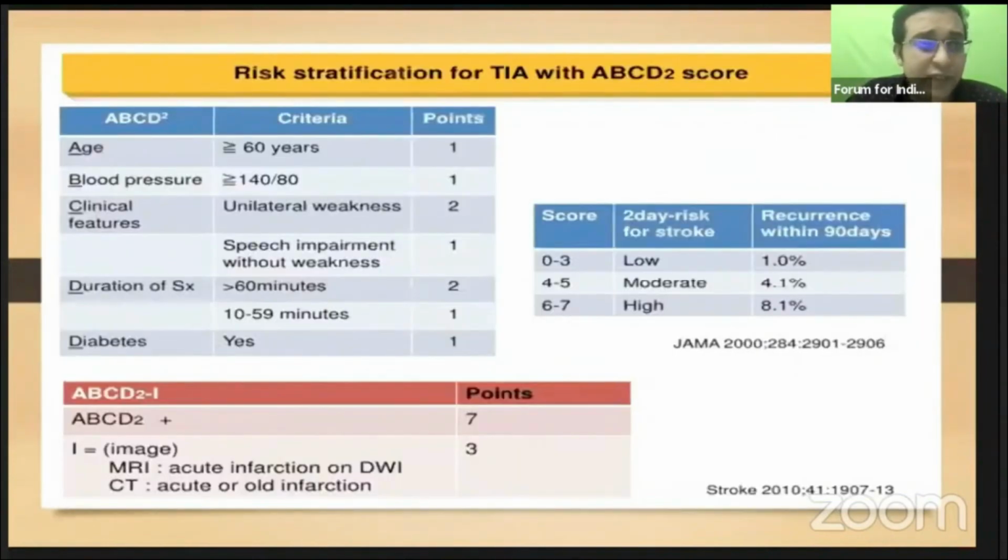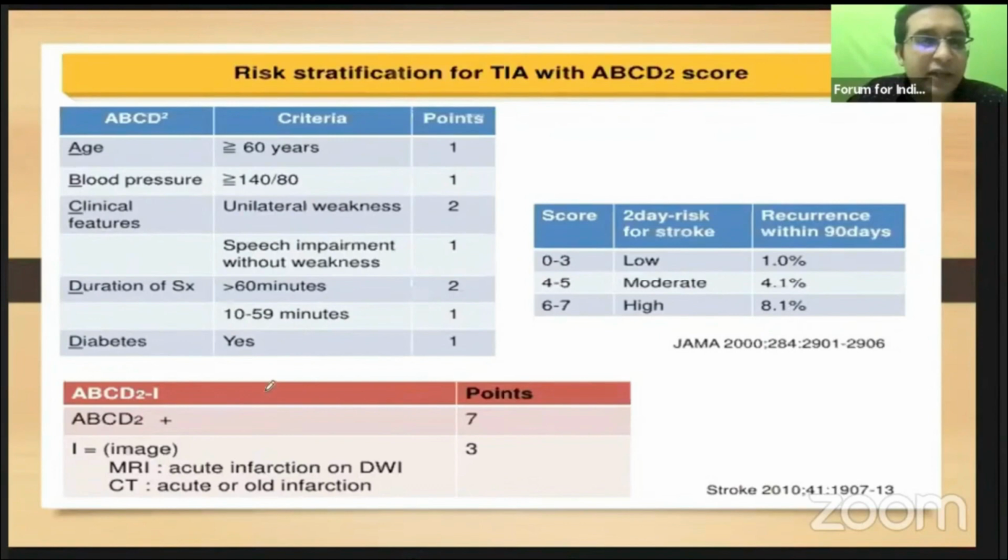So many questions could come from the ABCD2 score, because you could get a question like a 76-year-old male presenting with BP of 150/90 with speech abnormality, with weakness lasting less than 60 minutes, and who is non-diabetic, then what is the risk? You just keep in mind that there is something called the ABCD2 score.